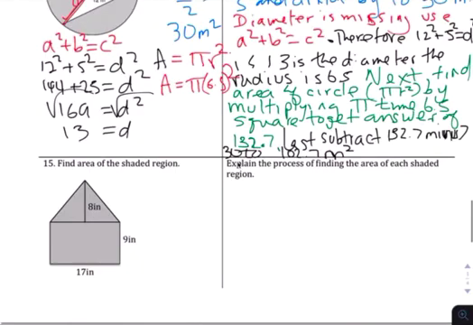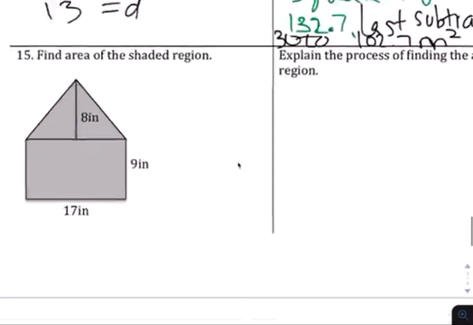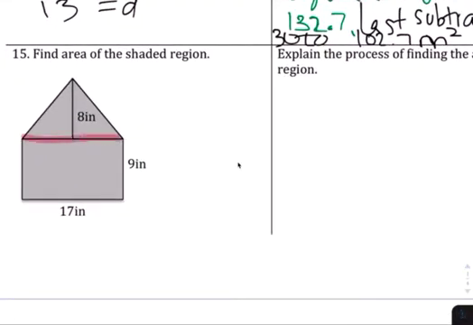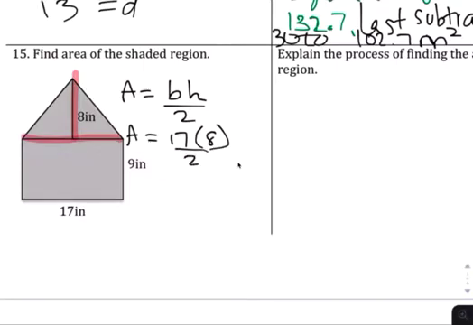That's your total area. Okay, for this one, a triangle's base times height divided by 2. That's the base and that's the height. So a triangle's base is 17 times the height of 8 divided by 2. Area is 68 inches squared.